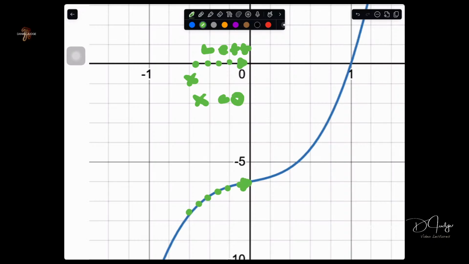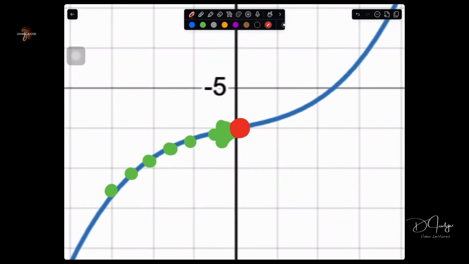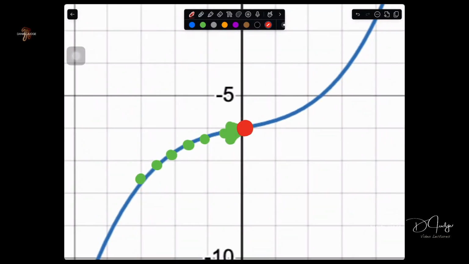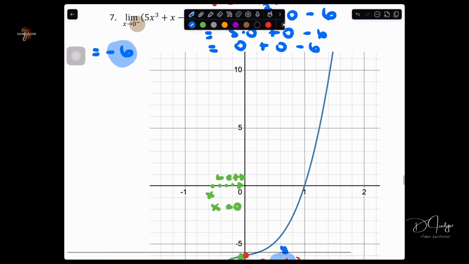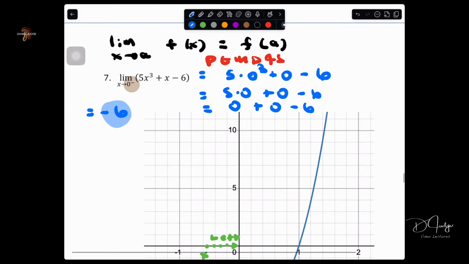So as x goes to 0 and gets closer and closer to 0 from the left, we approach this point on the curve, which would be (0, negative 6). So it looks like every one of these dashed lines is a negative number. And the limit answer is always the y coordinate. That's your L, it's the y coordinate value. So sure enough, the graph is consistent with what we see.